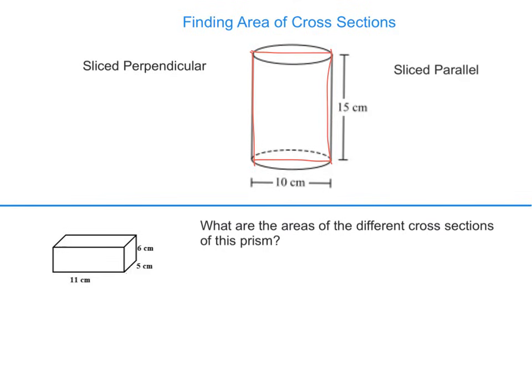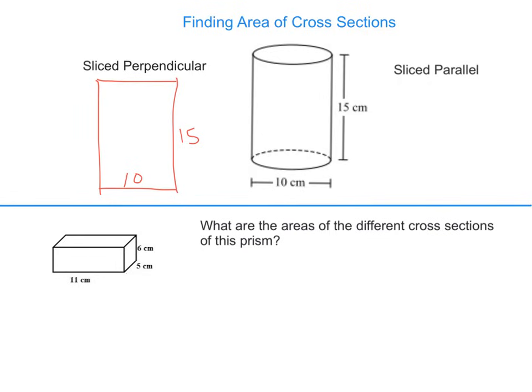But if I slice this perpendicular, notice I form a rectangle, and I can see what the dimensions of this would be. The bottom would be 10, and the height here would be 15.